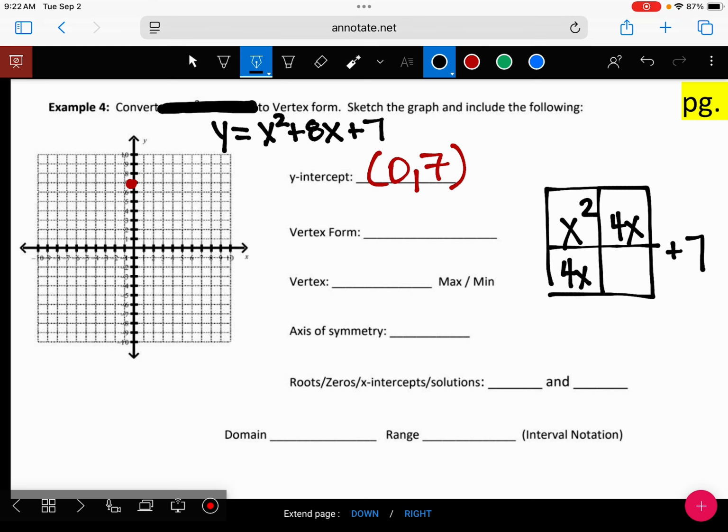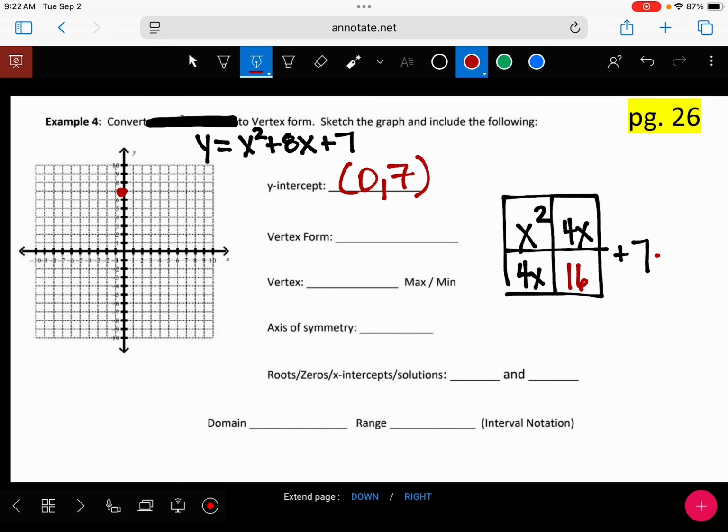They're opposite signs. So 4 times 4 is what? 16. But here, you have to put a minus 16. It's either way. Subtraction is the same as negative.